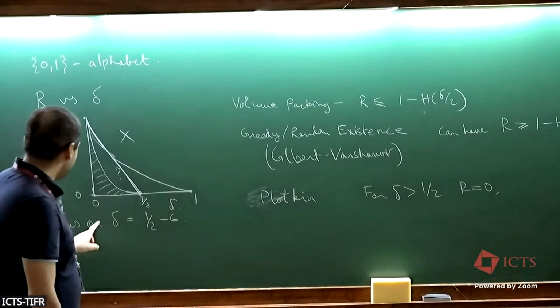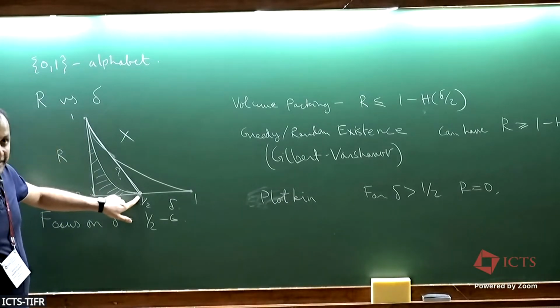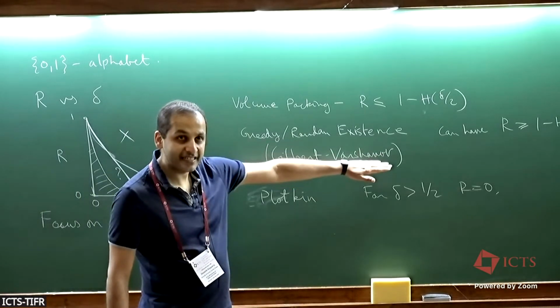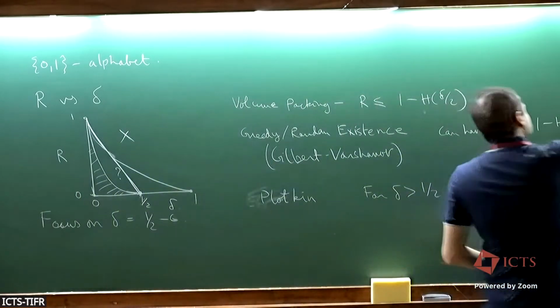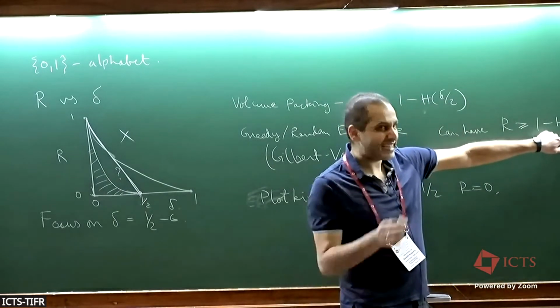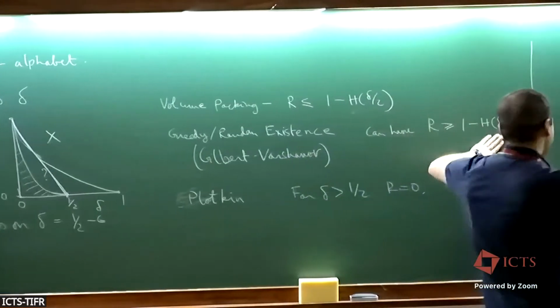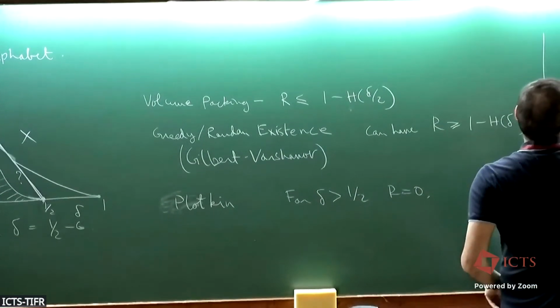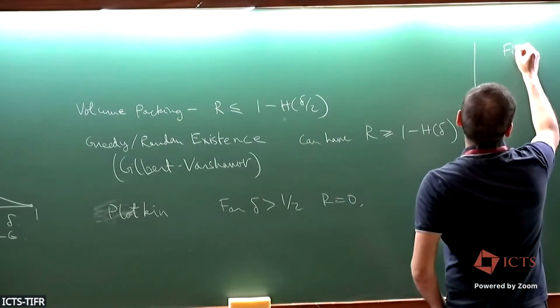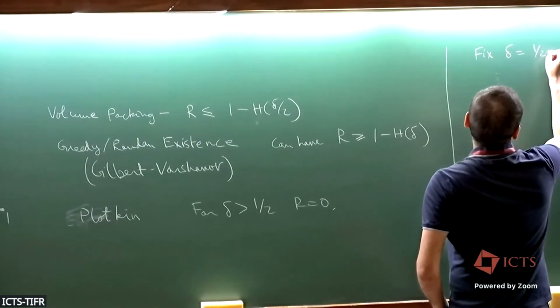Okay, so what is the asymptotic over here of the Gilbert-Varlamov existence result? So this may require me to understand what h of delta is. I don't want to understand it, so I will just prove it in a slightly different way. So fix delta equal to half minus epsilon.